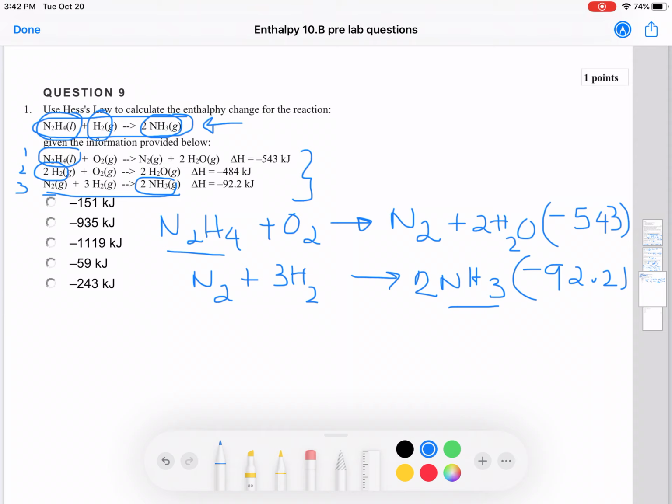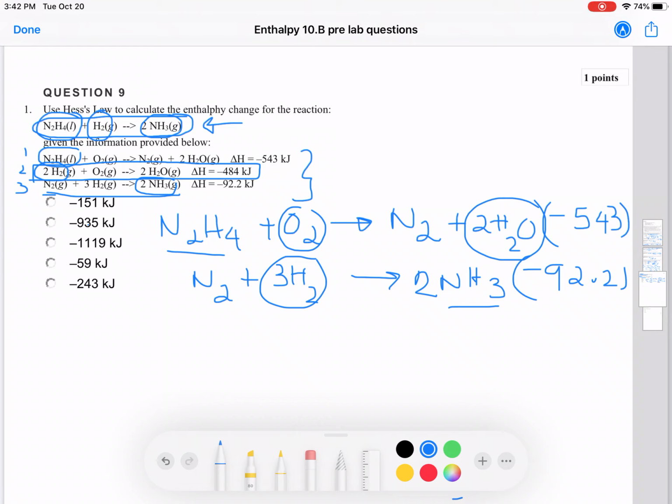But we also have water here, and then we have hydrogen and oxygen. So water is being formed by hydrogen and oxygen. Water is a product in the first reaction I just drew. So we need to take reaction 2 over here and flip it. Why do we flip it? Because in the second reaction water is a product, so we want to reverse it.